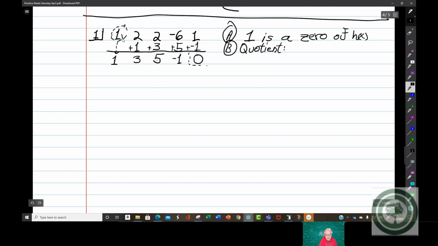Remember, this was 1x to the 4th, so this will be x to the 3rd plus 3x squared plus 5x minus 1, and C, the remainder, is 0.